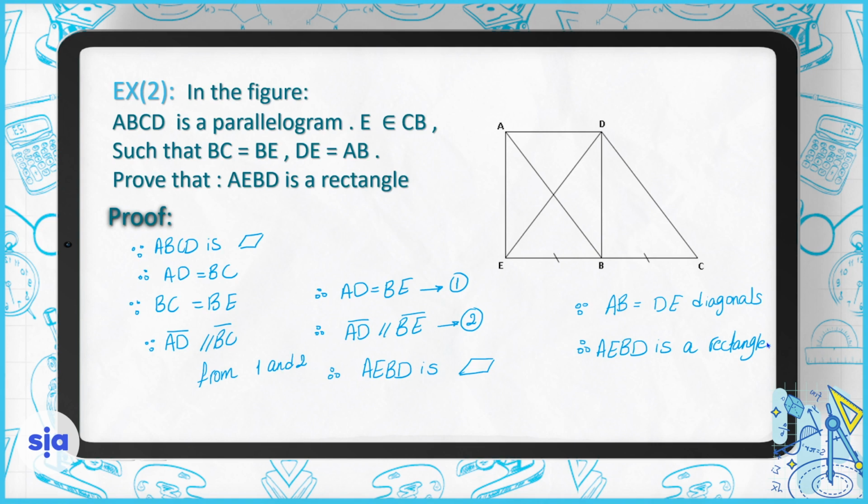Let's call this number 1. Since AD is parallel to BC, therefore AD is parallel to BE. Let's call this number 2. From 1 and 2, therefore AEBD is a parallelogram. Then we prove that it is a parallelogram. Since AB is equal to DE as two diagonals, therefore AEBD is a rectangle.